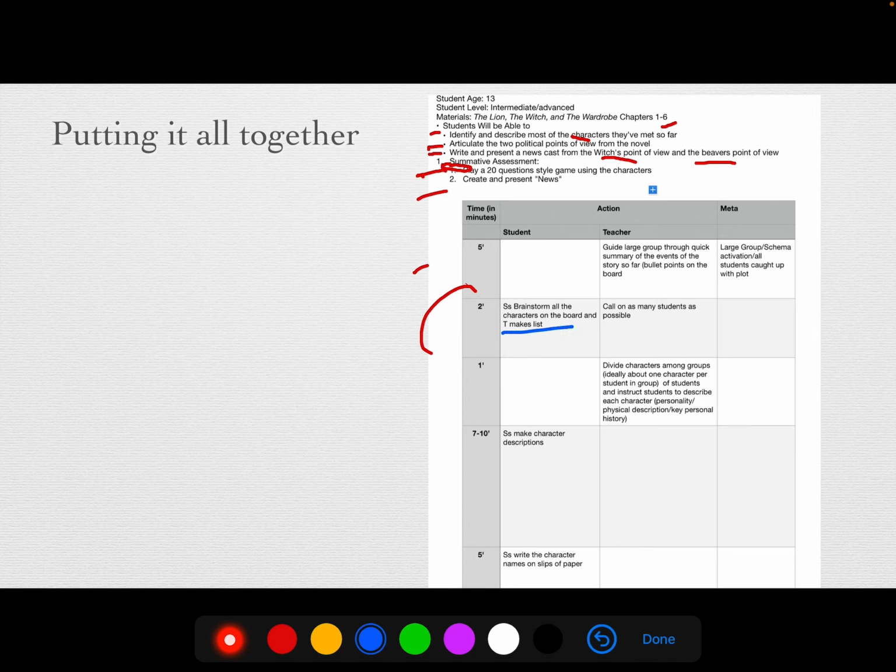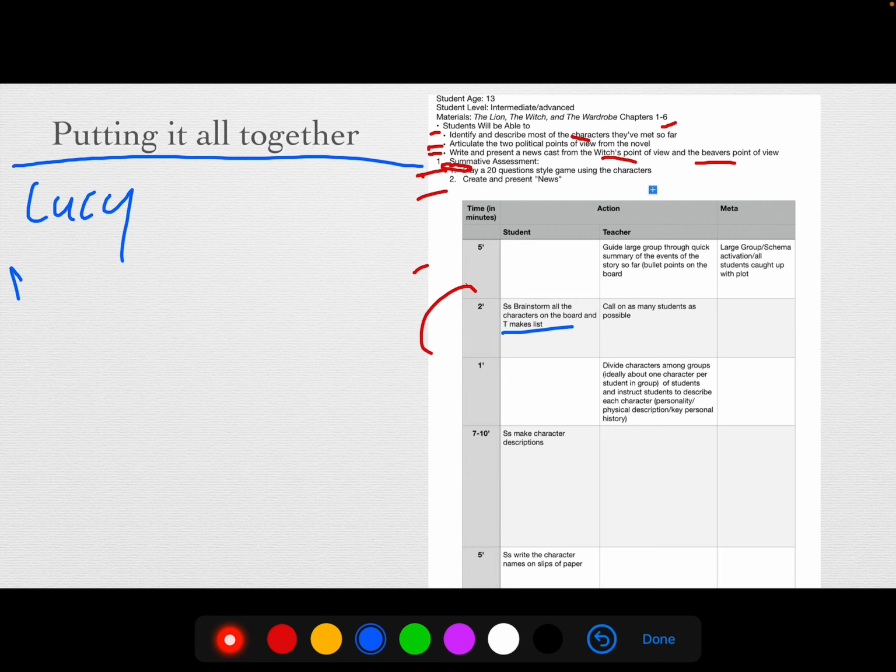So I will go down my list to call on every student to get a list of characters, and we'll do this on the board. So if this is my whiteboard over here, underneath where it says putting it all together, I will say, Jongbin, name a character, and Jongbin will say Lucy. And I will do this until students run out, and they will name characters that you forgot were even in the novel.